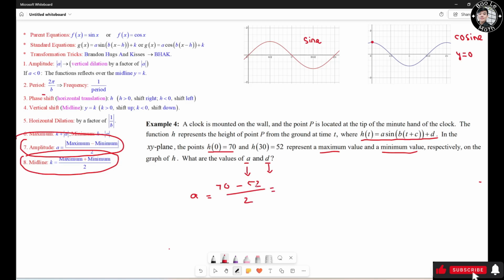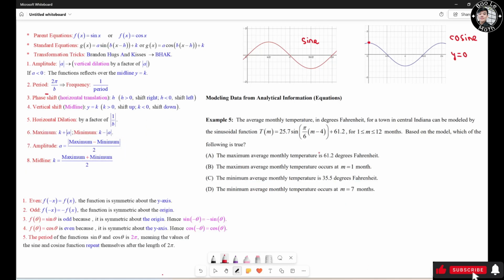So 70 subtract 52 is going to be 18, divided by 2 is going to be 9, right? Now the midline D equals maximum plus minimum divided by 2. So it's going to be 122 divided by 2. It's going to be 61.